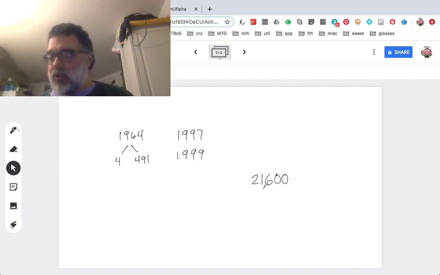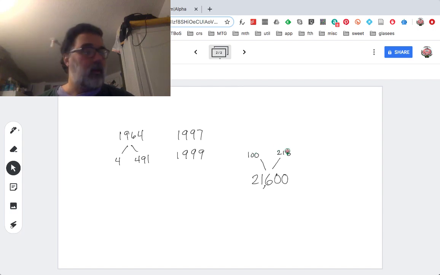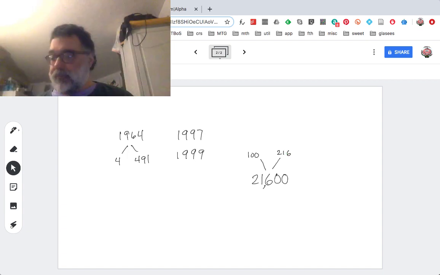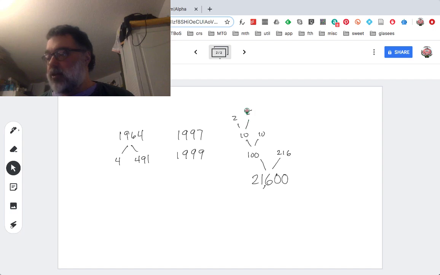And what we're going to do is try to build a tree out of it. So, well, one way we could break it down, we could see right away that that's 100 times something. So 100 times 216. 100 we can factor as 10 times 10, and both of those factor into 2 and 5.